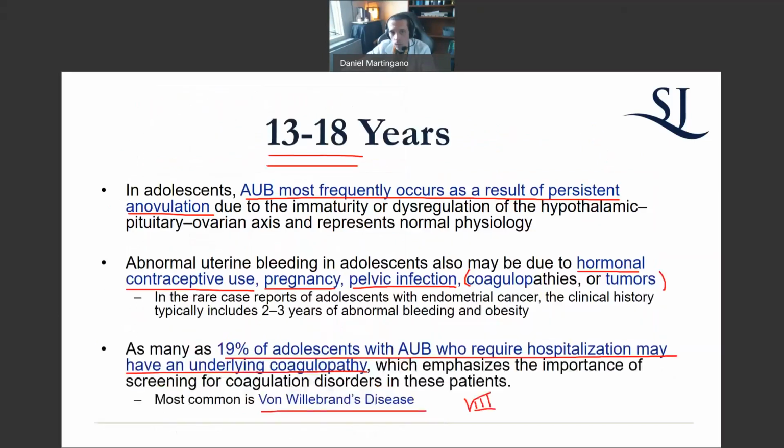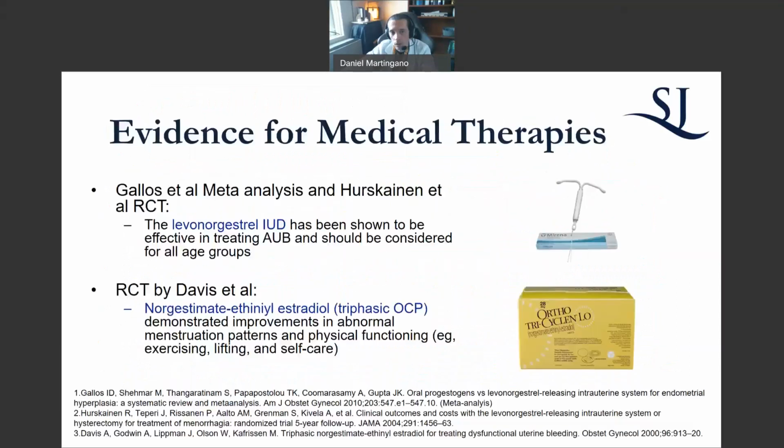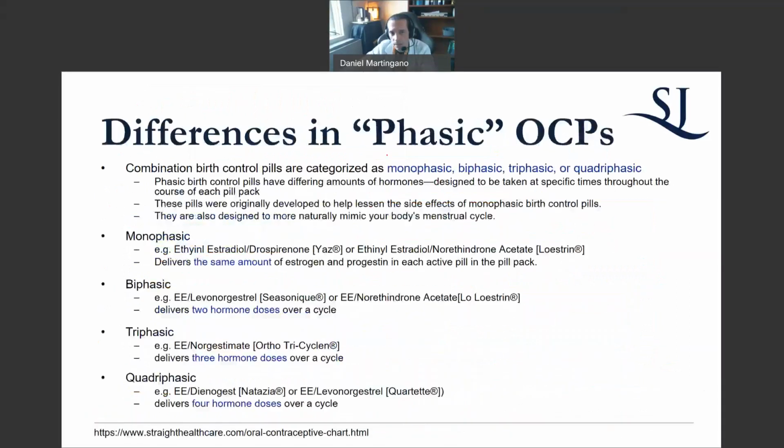So you may hear of different phasic medicines. You can review this because it's not a terribly important conversation, but just know that oral contraceptive pills involve ethinyl estradiol, which the shorthand is EE.